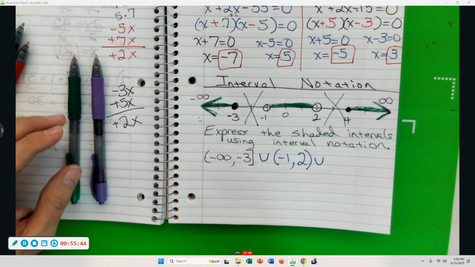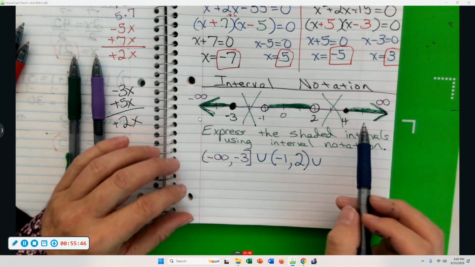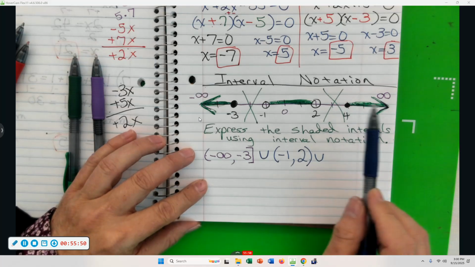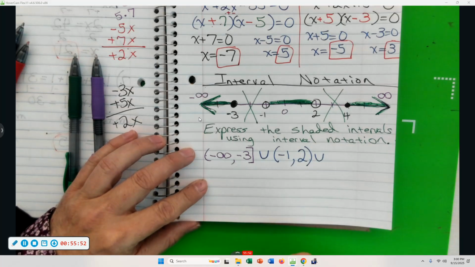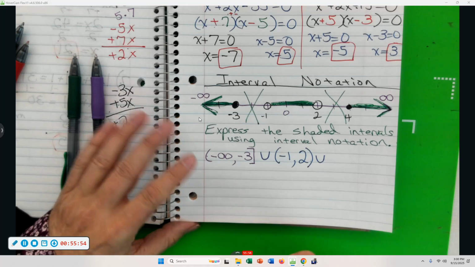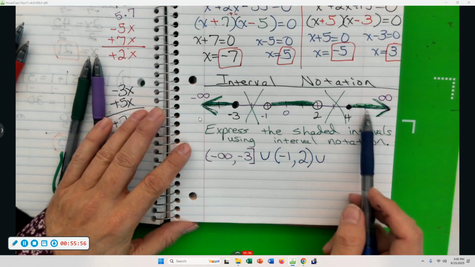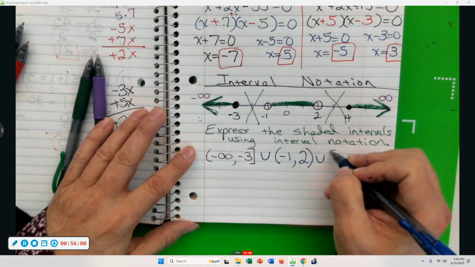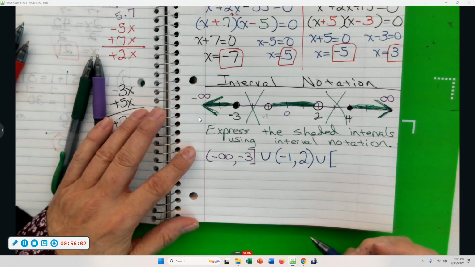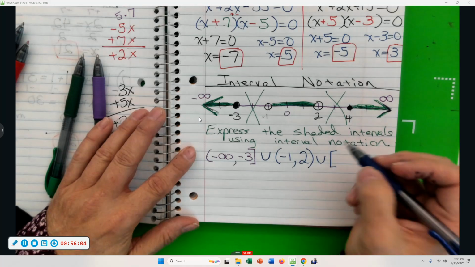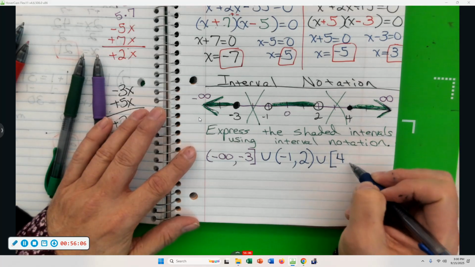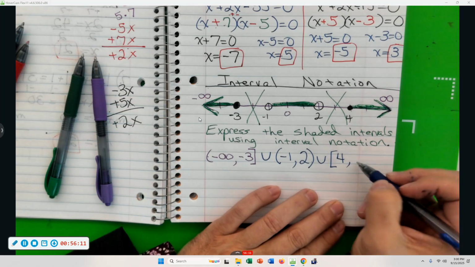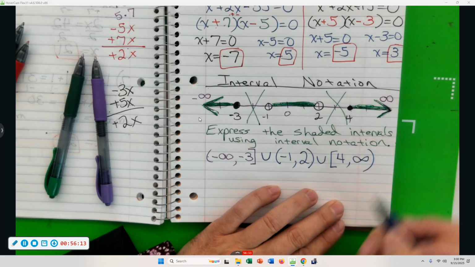Or there's a third interval that's shaded. What's the left-hand endpoint? Remember, you must go small to big. For this third interval, because it's closed, we'll have a bracket, and then a +4, comma, positive infinity, parentheses.